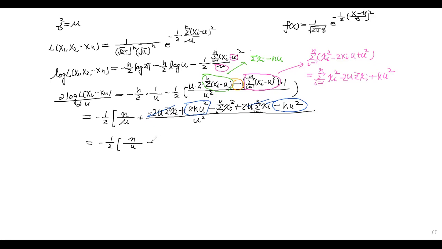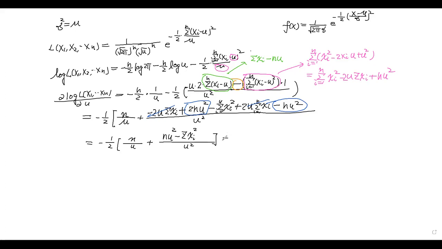And then here this is a mu squared, and I have 1 n mu squared. And what I have here, I have 1 n mu squared. Now I have this minus summation xi squared.